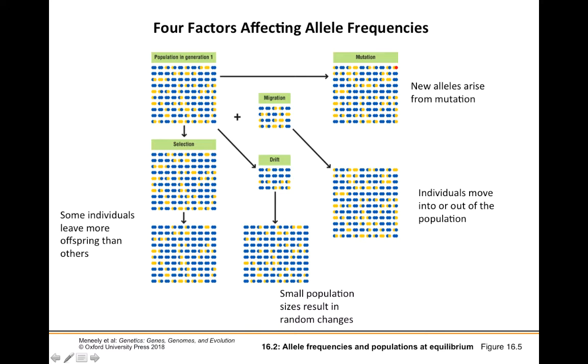And then you can have selection occurring such that in this case, it looks like it's the blue allele that is becoming more and more selected for from one generation to another, because the blue alleles leave more offspring to the next generation. And so this basically is mutation, migration, genetic drift, and selection, which are 4 of the 5 violations of Hardy-Weinberg equilibrium.